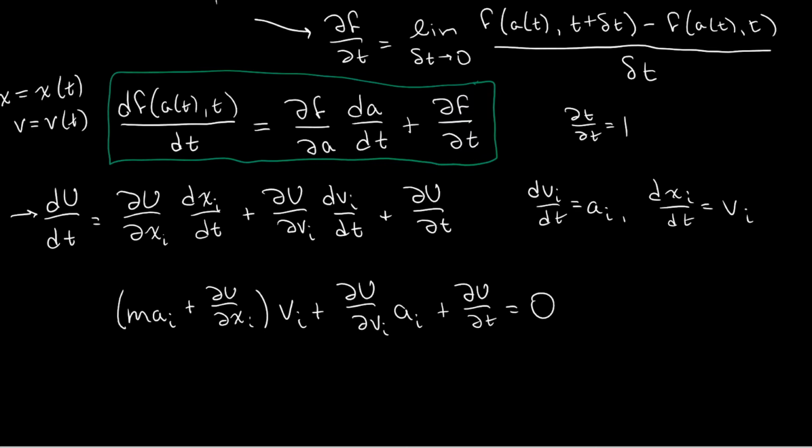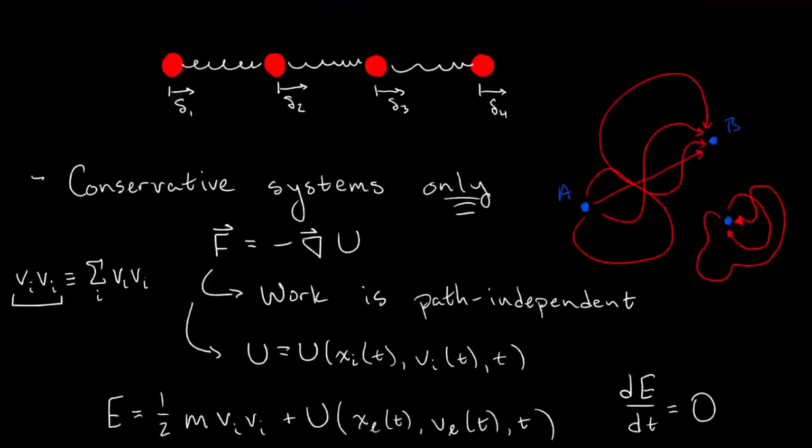Okay, so now here's the point that I'm getting to. We've already said that this has to be 0, because otherwise, it's this argument that I was talking about earlier. Otherwise, work wouldn't be path independent.